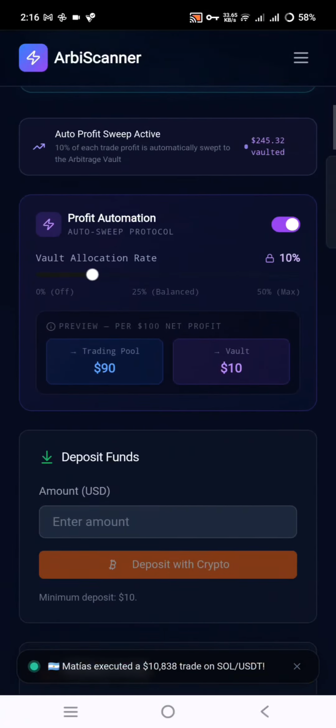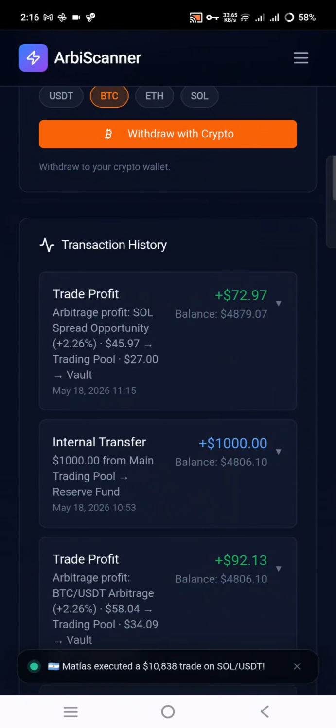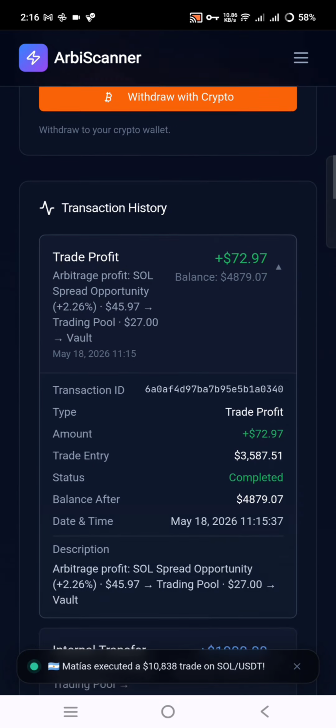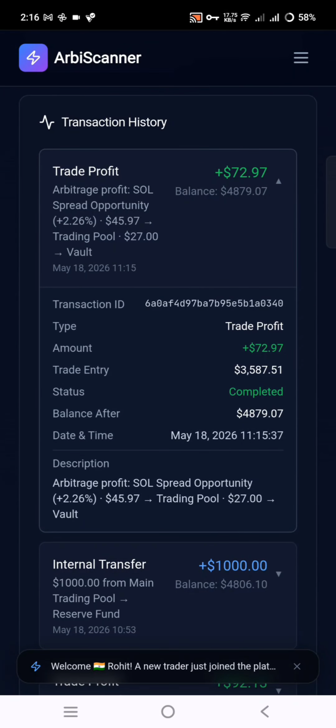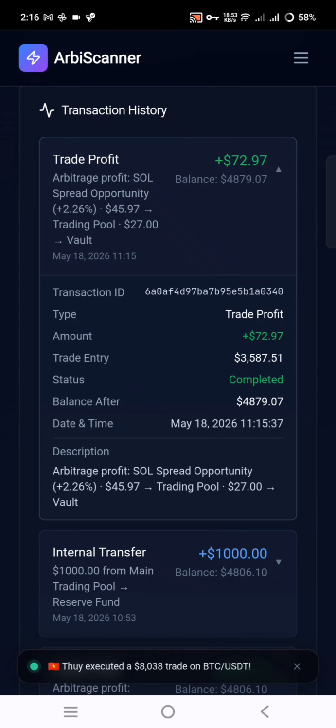So when I scroll down here, let's see the history and see what we have. On the history, we see the profit that we made was 72.97 USD. Now let's go straight to the trade entry. How much did we enter the trade with? We entered the trade with 3,587.51. How much was the profit?